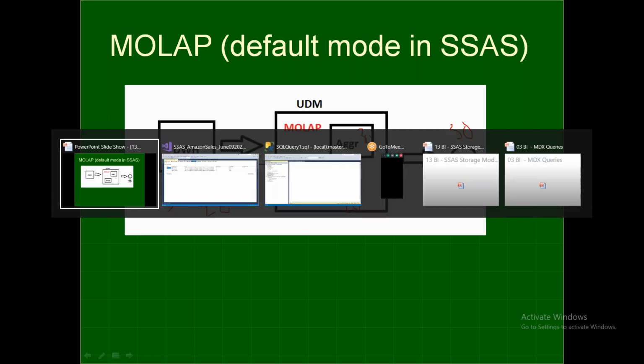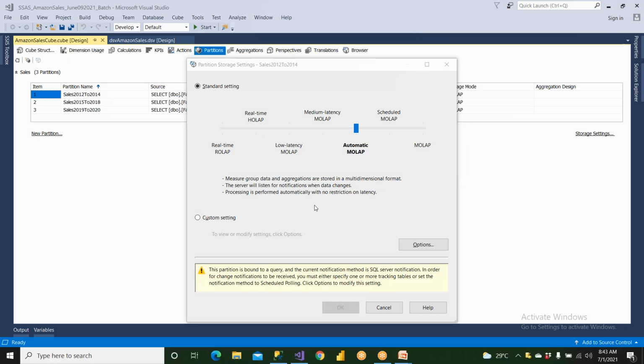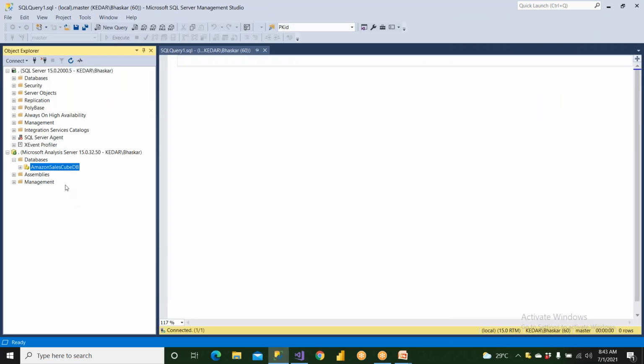Processing is performed automatically with no restrictions, immediately, without any delay. Immediately the cube is going to be processed. So you need not do anything. You need not go and right click on this and say process. Whether you forget, you are absent, you are on leave, the application automatically will get processed. So that is the beauty about this one.